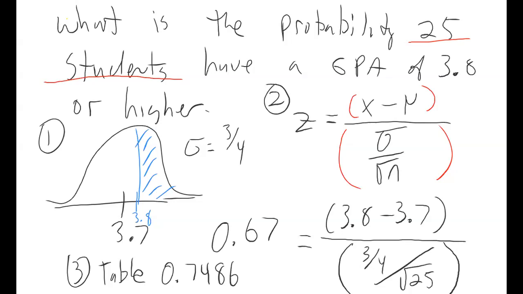We have to do a special step 4 because this part is the 0.7486. So then it is 1 minus 0.7486, which equals 0.2514. So to answer our question, there's a 25.14% chance that if I randomly select 25 students, basically the size of our stats class, 25 of you will have a GPA of 3.8 or higher.